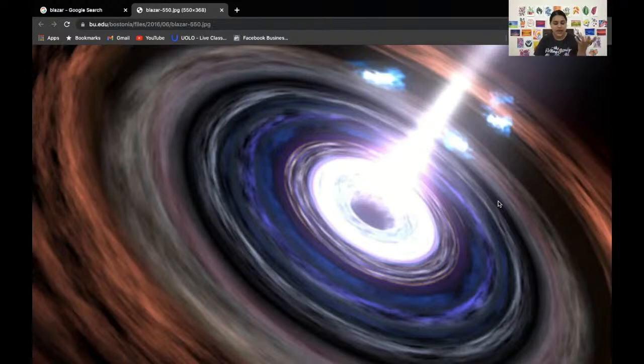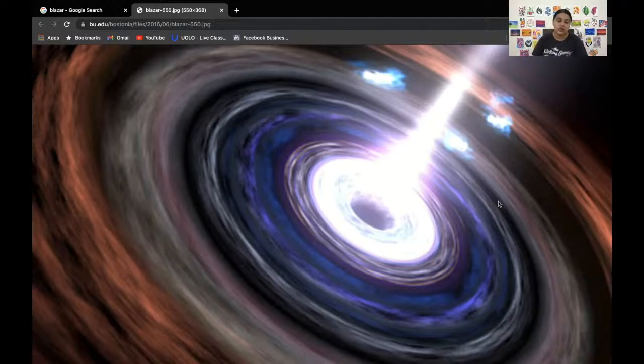It's an active galactic nucleus that sucks a lot of things in and has a lot of energy. So a blazar is a form of a black hole, a result or consequence of a black hole.